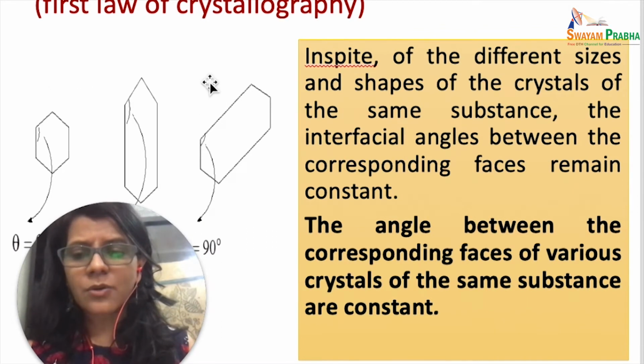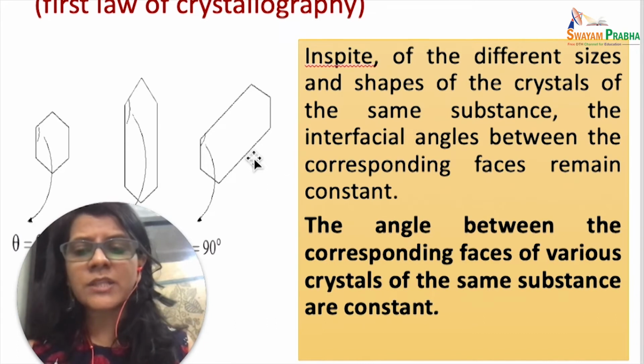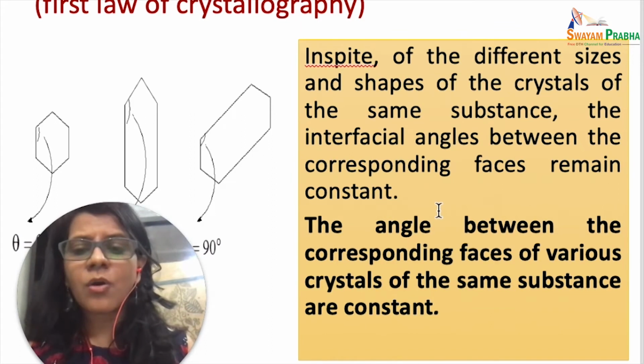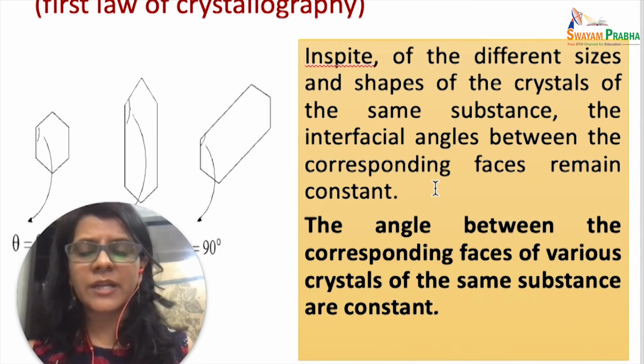In spite of the different sizes and shapes of the crystals of the same substance, the interfacial angles between the corresponding faces remain constant. This is called the law of constancy of interfacial angles and was first realized by N. Steno in 1666 for quartz crystal.